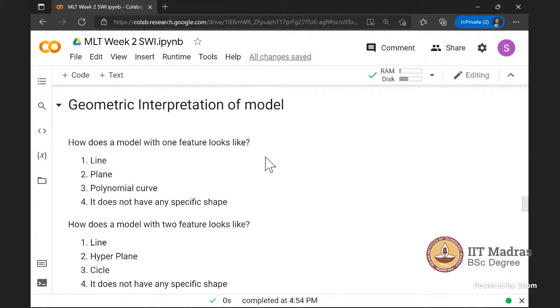Geometric interpretation of the model. Before we move on to the next parts, what do you think a model will look like if it has only one feature? A straight line. A straight line in what kind of space? Two dimensions.